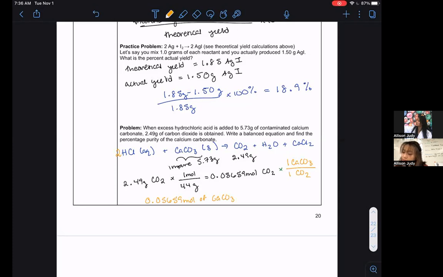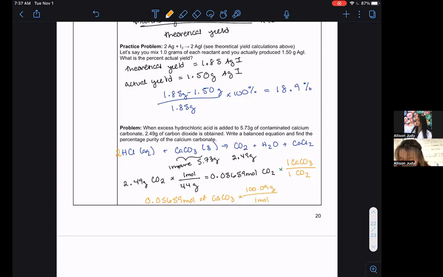So what would this be then in grams? Because in the end, I want to go by gram amount. So I say, well, calcium carbonate has a molar mass of 100.09, so for every 100.09 grams of calcium carbonate, I have 1 mole.